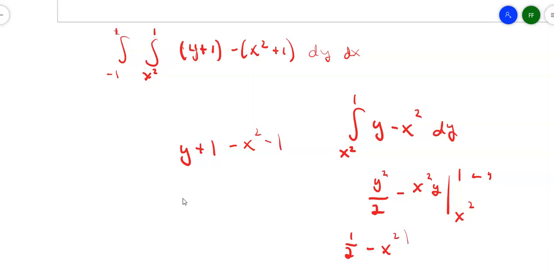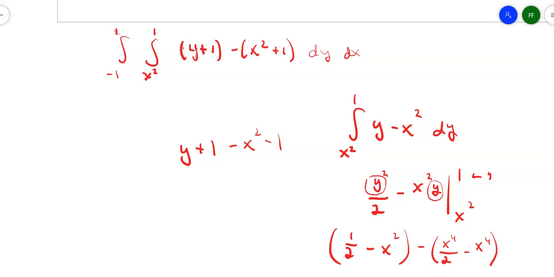That's my first piece. Now, minus a lower limit of integration. So replace that y with an x squared. You'll get x squared squared. And now replace that y with an x squared. You get x squared times x squared, which is x to the 4th.